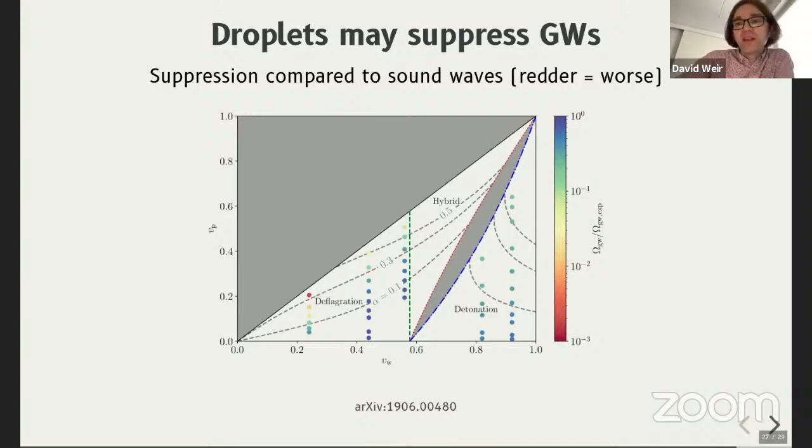So you can see that this 0.57 or so point, the green one just left of the vertical dashed green line. We didn't study hybrids in this case, but there's already some suppression there. Whereas for detonations, it's pretty much unharmed.